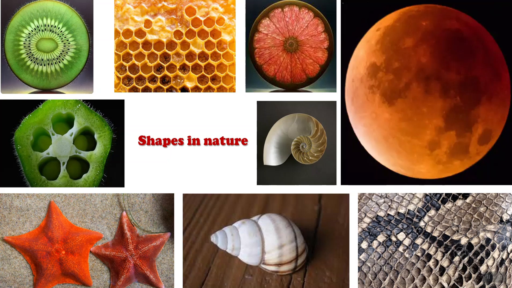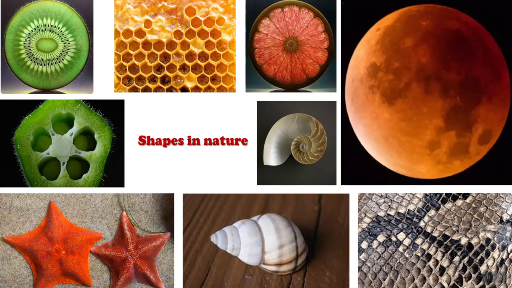The picture just below the kiwi fruit, we can see a section through a lady finger, what we call in Mauritius lalo. It's a perfect pentagon. The seashells, for example, make a very good spiral pattern inside.